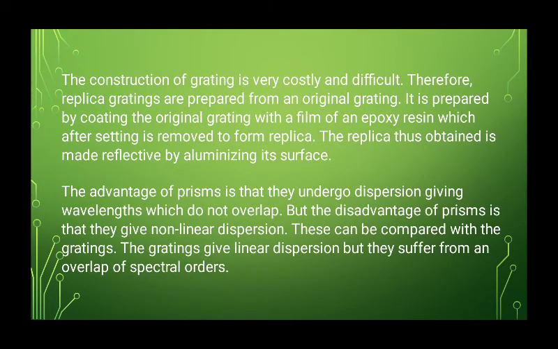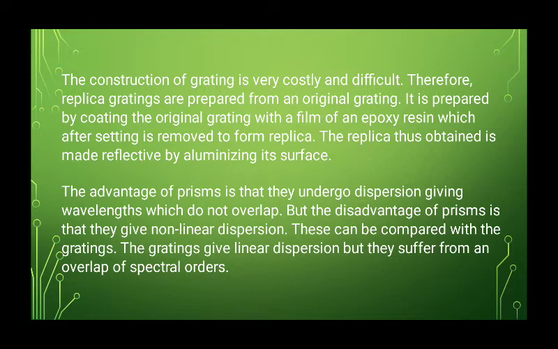The construction of a grating is very costly and difficult. Therefore, replica gratings are prepared from an original grating. It is prepared by coating the original grating with a film of epoxy resin, which after setting is removed to form a replica. The replica thus obtained is made reflective by aluminizing its surface.